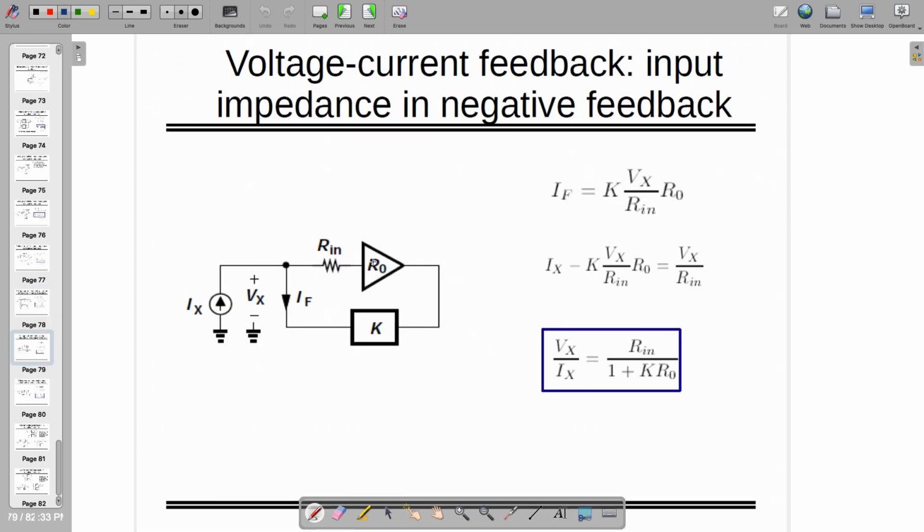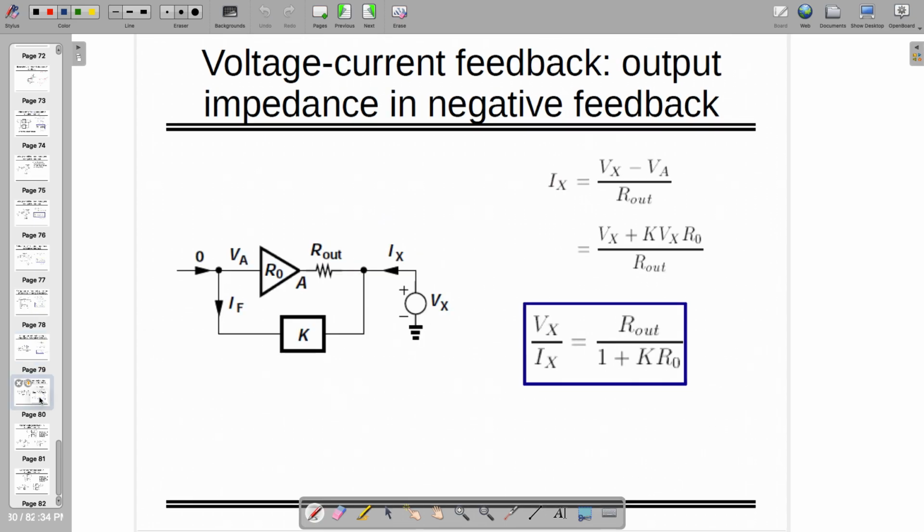So keeping the resistance in series and R0 here, it's a transimpedance amplifier, and in feedback there is K. So we know that I_F is nothing but K times V_x by R_in times R0, right? And I_x minus this particular current is going to give you V_x by R_in. If you solve this, you can find out that the input impedance is decreased by the loop gain, and that is what we were expecting because this is a current amplifier.